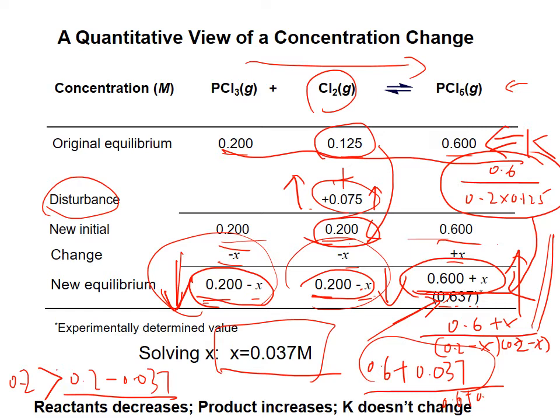But if you remember during the calculation, K does not change. We used this K to apply to the new equilibrium. So K doesn't change. It's the concentration, or Q, that changes during the reaction.